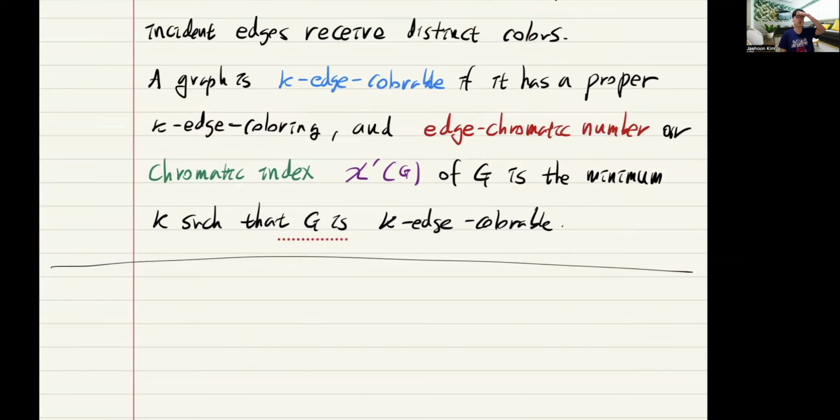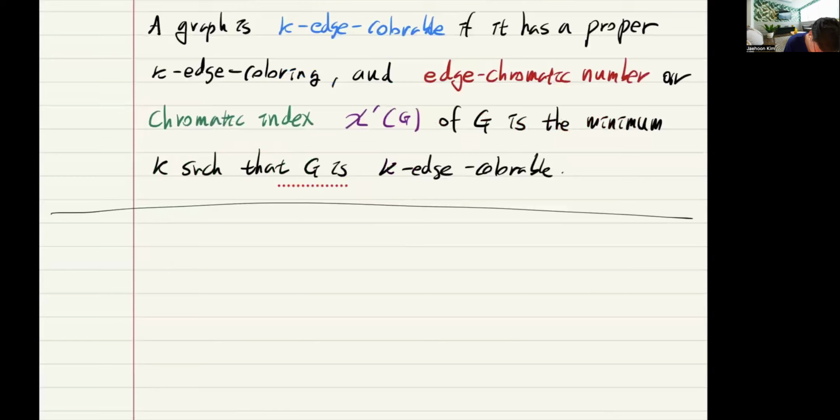So now we introduce a new parameter chi prime, and we want to explore the relationship between this and the previously known concepts. One easy observation is that this chromatic index, the edge chromatic number, is the same as the chromatic number of the line graph.